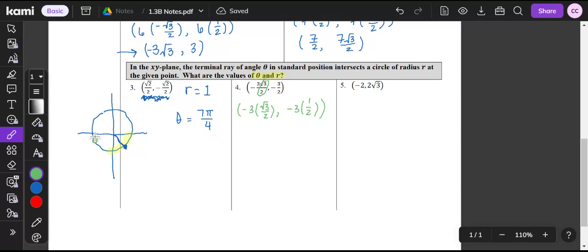For that one, that's one of those pi over 6 angles. So once again, I can just reason through it or use my unit circle. I can count it out. Pi over 6, 2 pi over 6, 3 pi over 6, 4, 5, 6. This would be 7 pi over 6 for our angle.